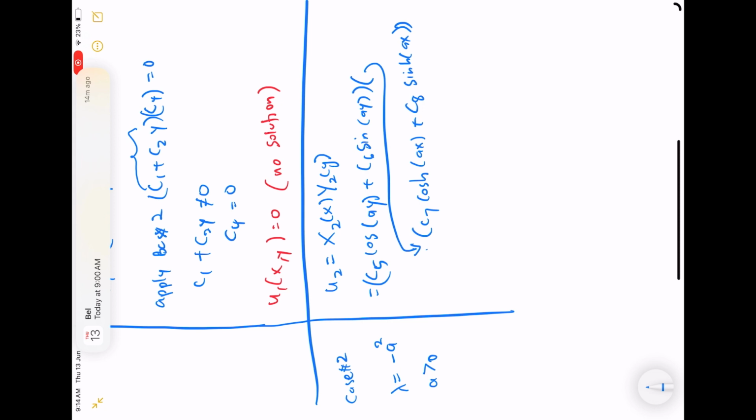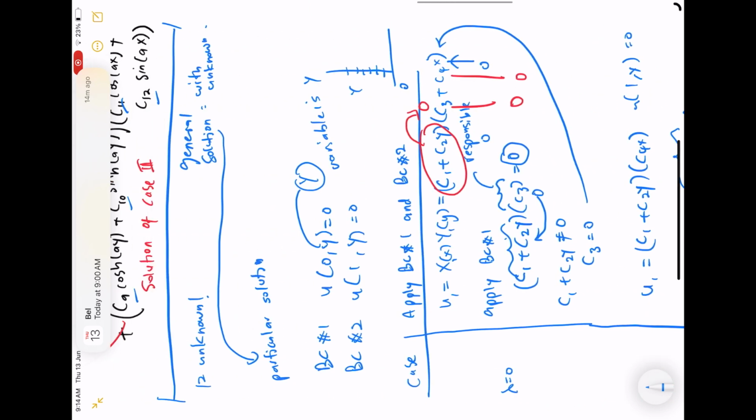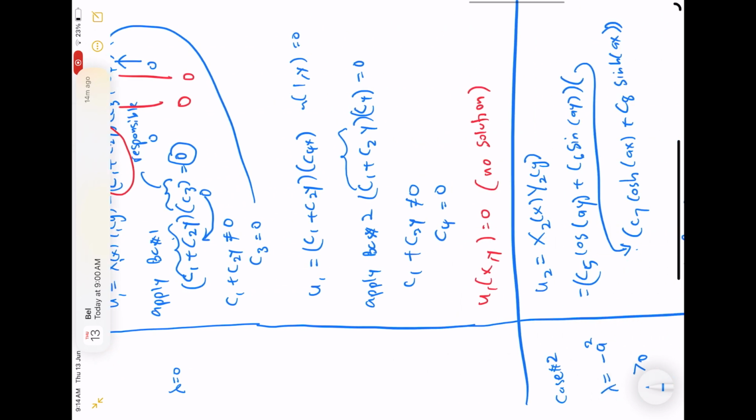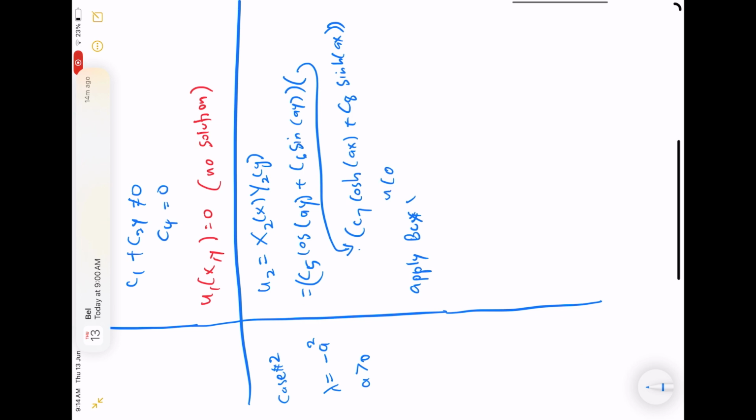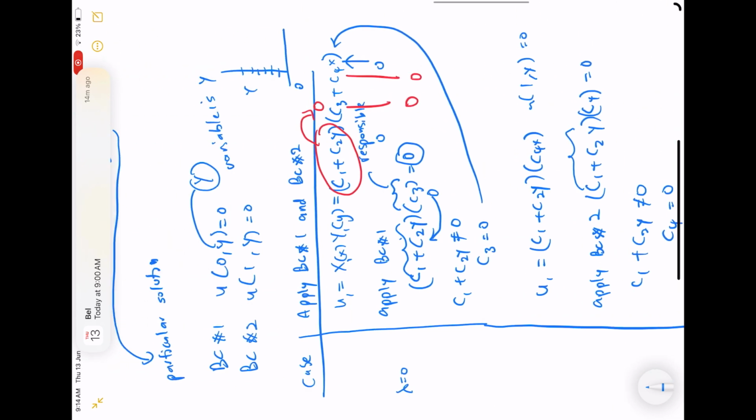Now the same process you need to repeat by applying the boundary conditions. Applying boundary condition number 1: u(0, y) equal to 0.